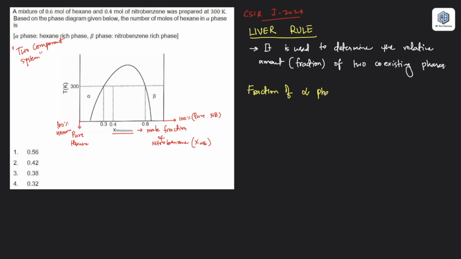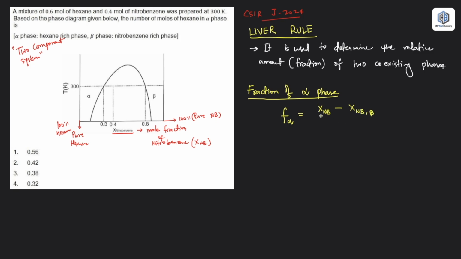To find out the fraction of alpha phase, let's call it f alpha. This equals x NB, the overall mole fraction of nitrobenzene, minus the x NB, the mole fraction of nitrobenzene in beta phase.